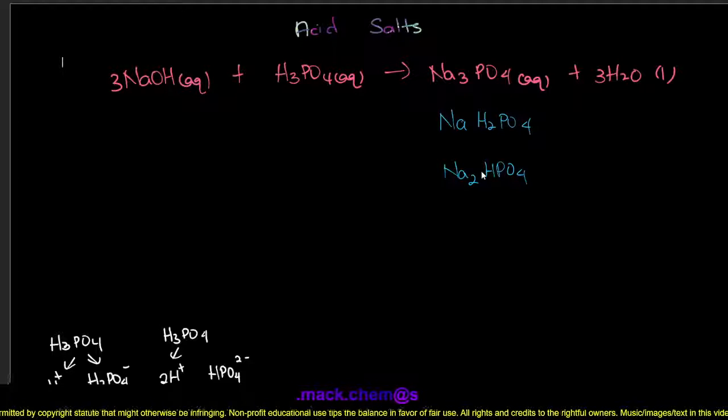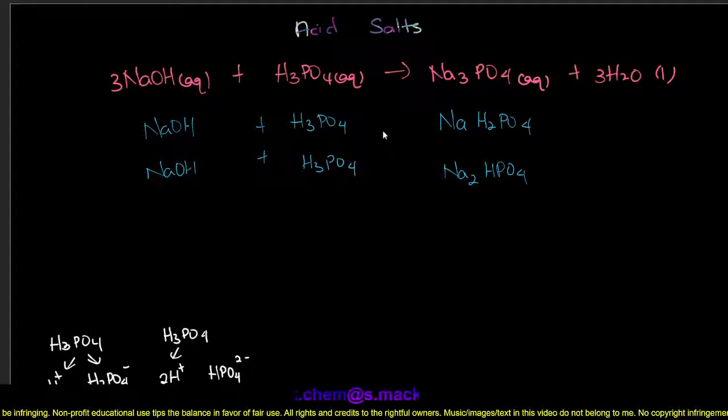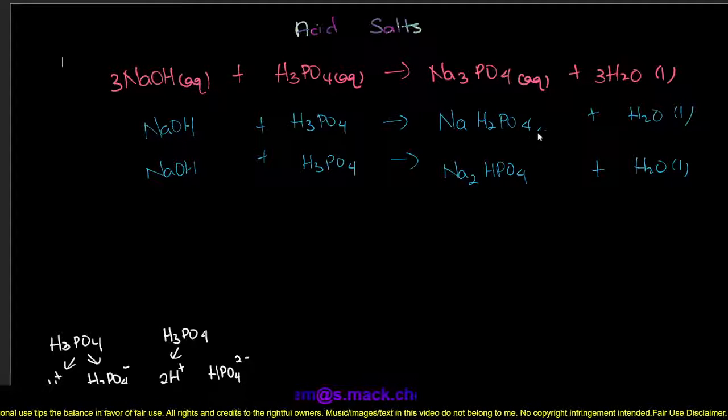With the formula of the salt, we can now fill in the rest of the information with regards to balancing of the equation. Salt and water is formed, so I'm filling this in.